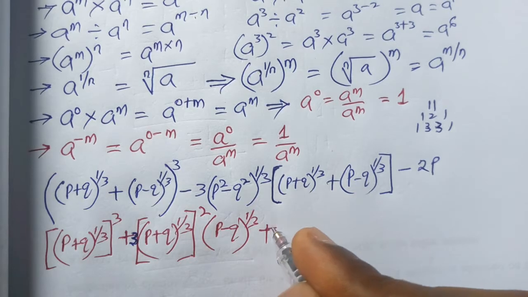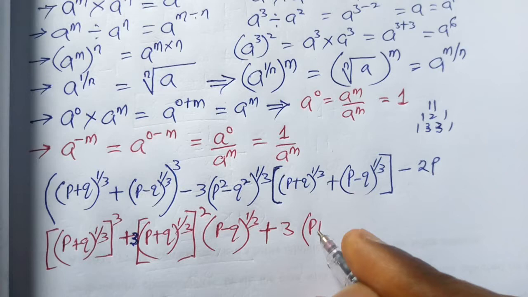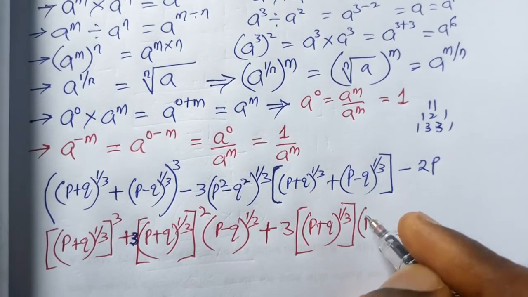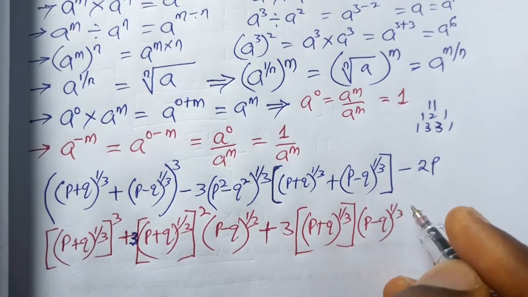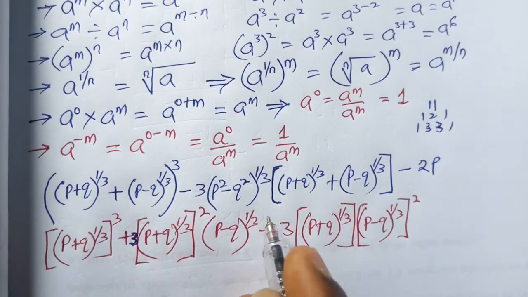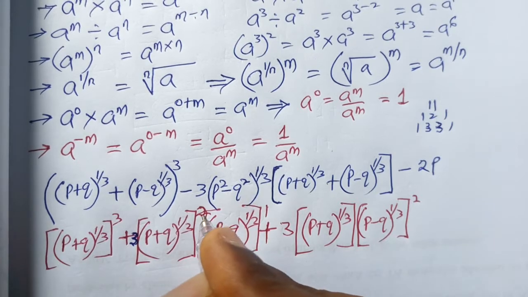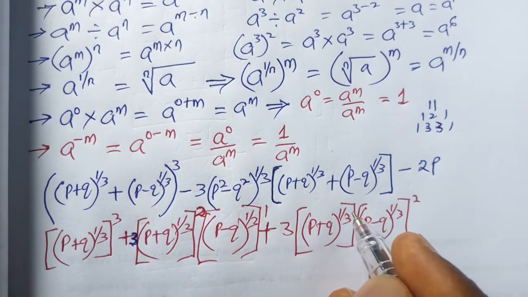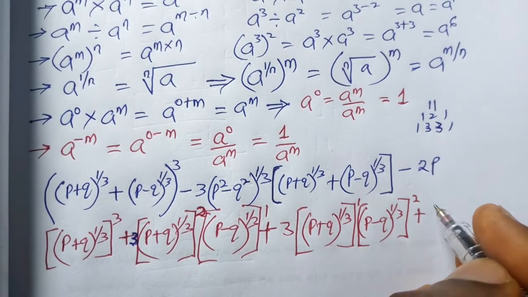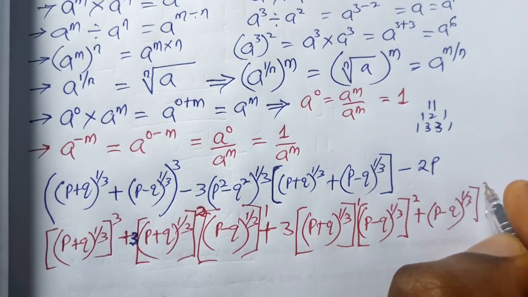The next one will also be 3 times (p plus q)^(1/3) times (p minus q)^(1/3) all squared, and the last one, plus (p minus q)^(1/3) all cubed.